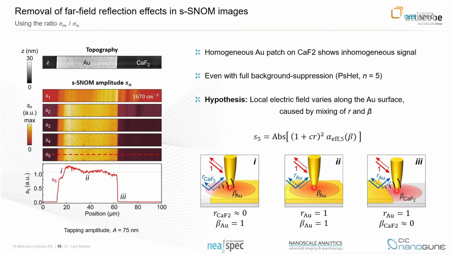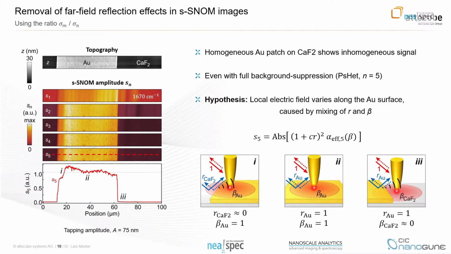What's happening is that in the center of the gold, we have a near-field reflection of 1 and a far-field reflection of 1, so the signal is very large. But near the edge, the near-field reflection is still 1, while the far-field is now basically 0. So that's why we have a smaller signal at the edge compared to the middle. The situation is a bit more complicated because we also have scattered light from the edge, and they interfere.